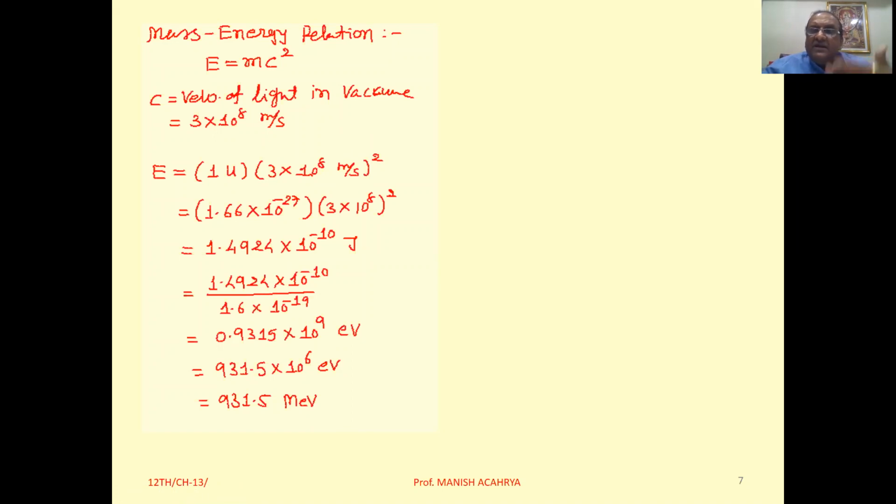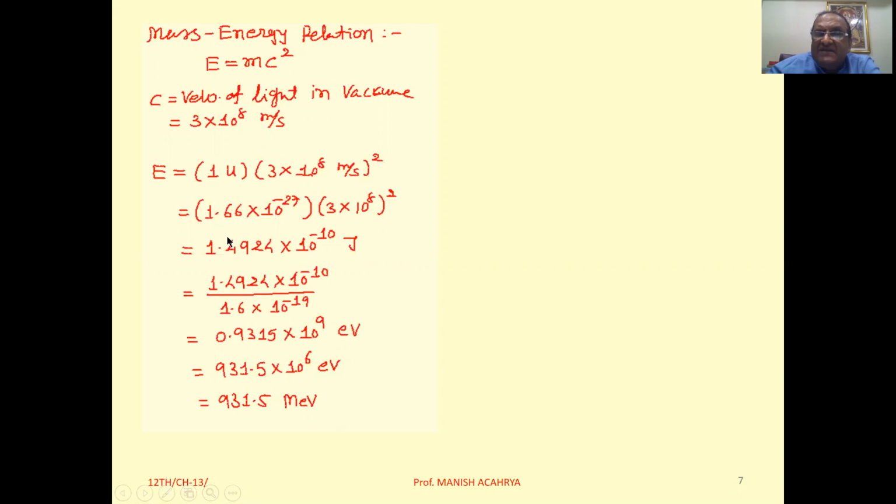calculate the energy equivalent to mass 1u, then we can calculate it like this: E equal to mass that we take 1u. We want to calculate how much energy we get when 1u mass is converted into energy, right? So we can say E is equal to 1u mass into c square, 3 into 10 raised to 8 whole square.